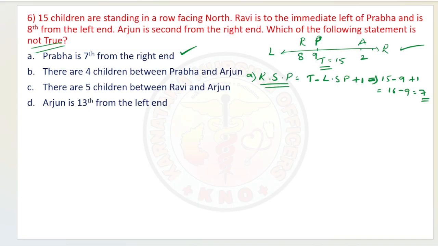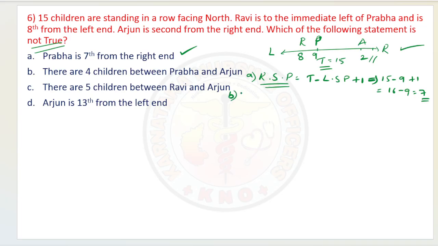We consider either right side position or left side position of Prabha and Arjun. So Prabha's right side position is calculated, that is 7. Already Arjun's right side position is given, that is 2. So let us consider the right side position of Prabha and Arjun to calculate the number of children between Prabha and Arjun. Okay. So second statement.